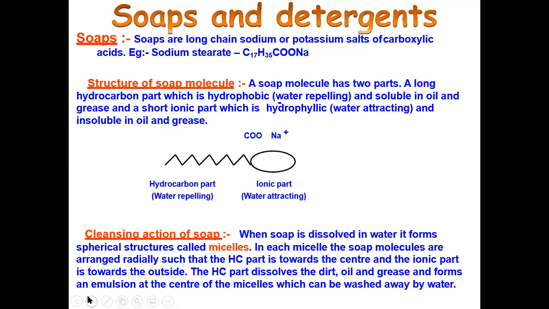The hydrocarbon part dissolves the dirt like oil and grease and forms an emulsion at the center of the micelle, which can be washed away with the help of water.